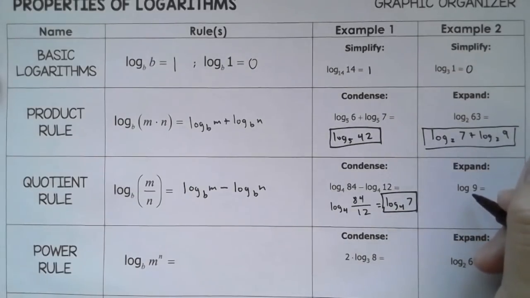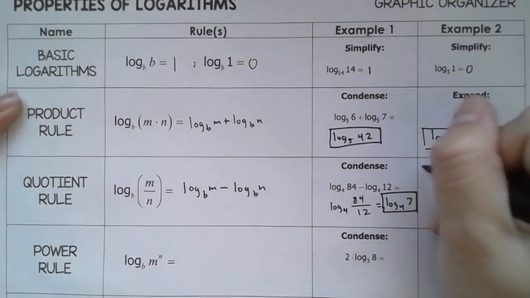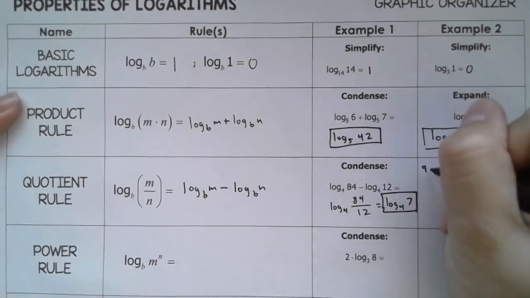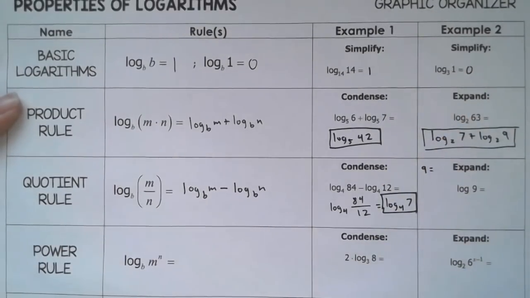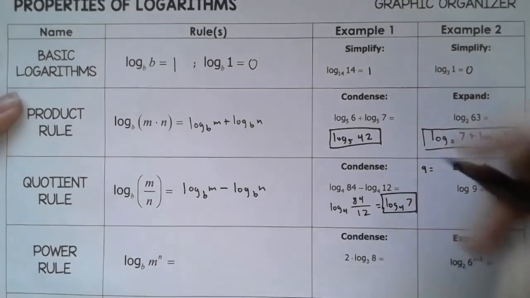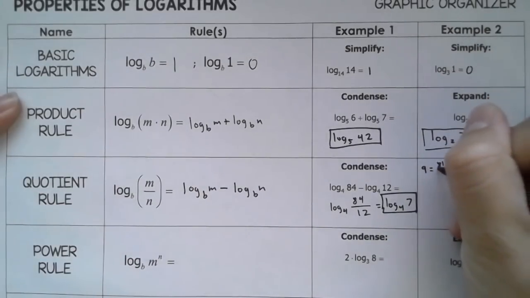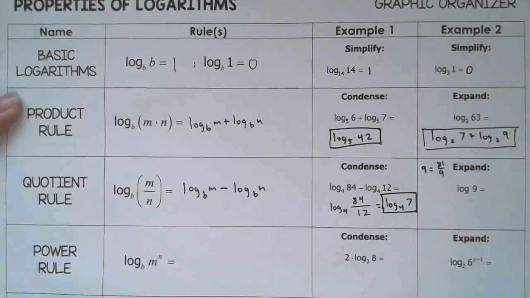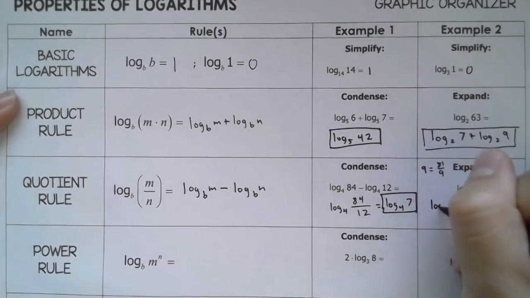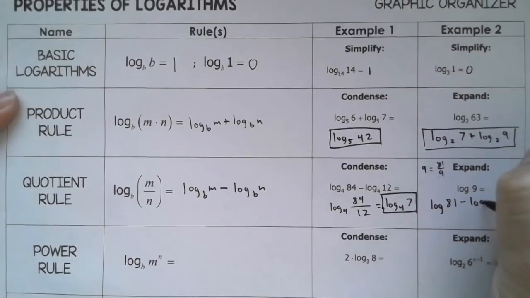Expanding this, I can rewrite 9, so let me write it here in the corner, as just any ratio. Again, there's multiple answers here. I'll just take 81 over 9, because 81 divided by 9 is 9. So this is equal to log of 81 minus log of 9.